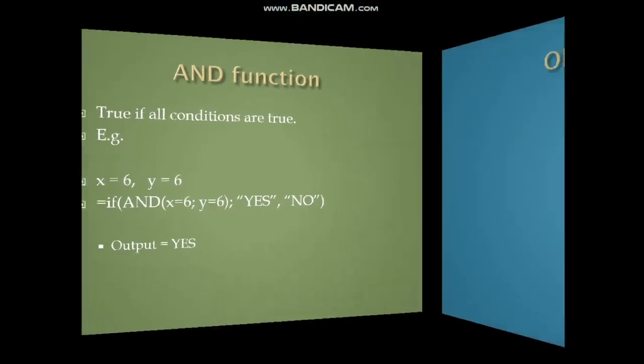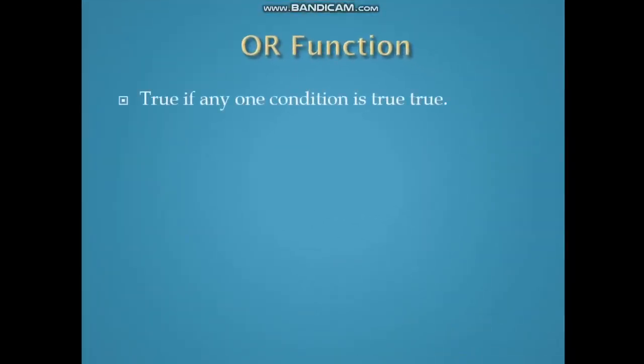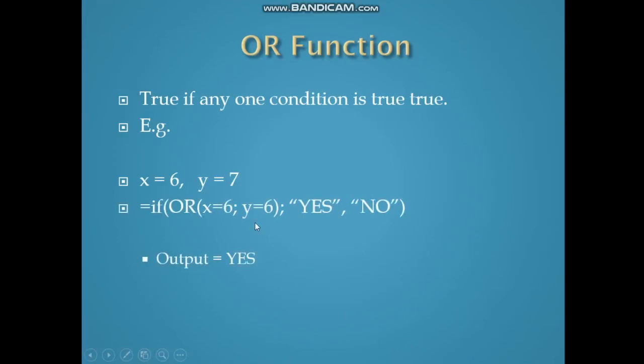Next we have the OR function. Out of many conditions, if any one condition becomes true, then you can execute the true part. For example, x is 6 and y is 7. If we write condition number 1 and condition number 2, you can notice that y is 6 is false, but x is 6, so out of two conditions one condition is true, so the true part will be executed.